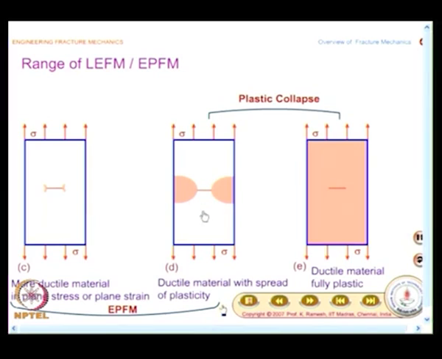This brings out in a nutshell the role of plasticity in fracture analysis. So, if I have a ductile material with spread of plasticity, until a certain point you can apply EPFM, beyond a point you need to go for plastic collapse, because certain structures can fail by plastic collapse.